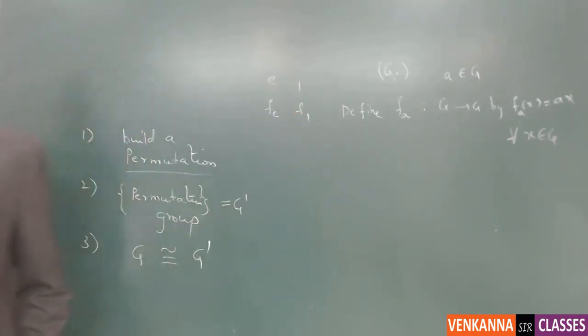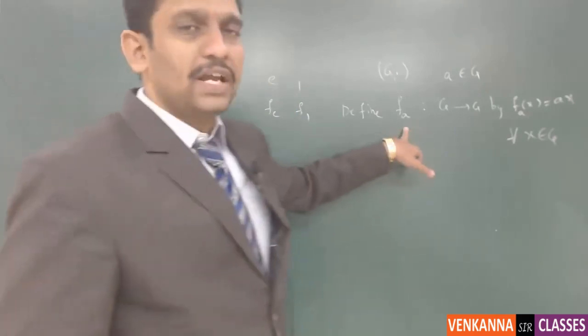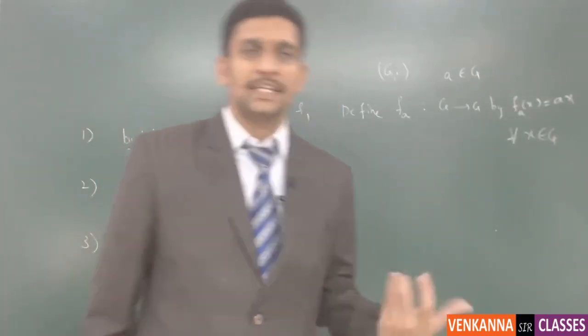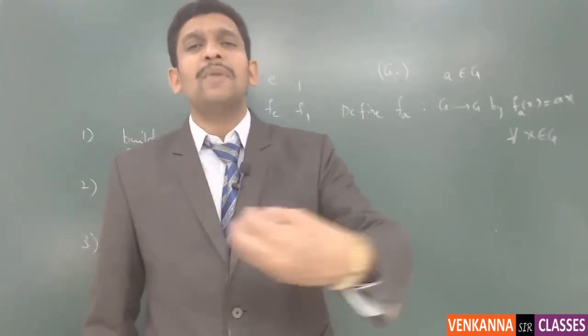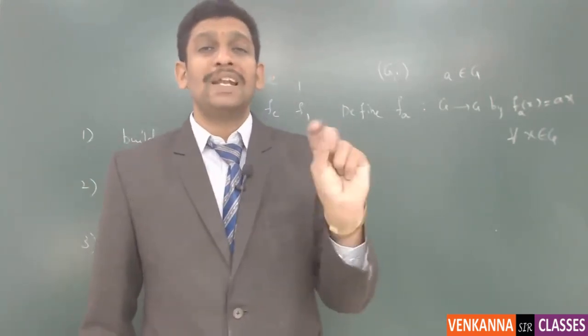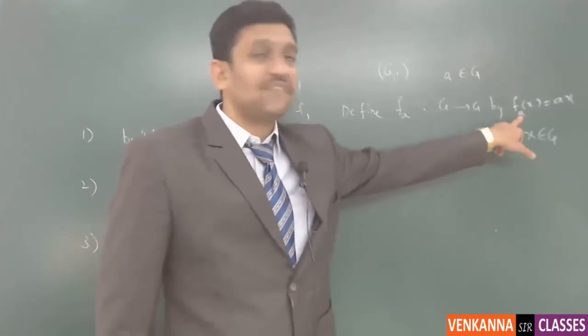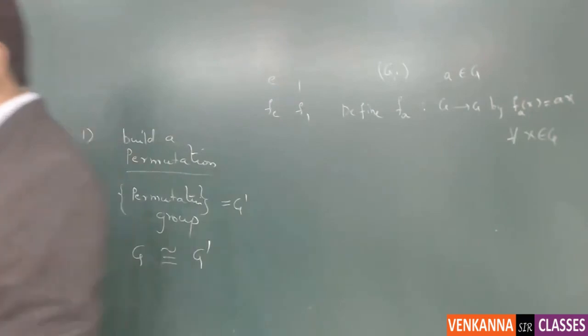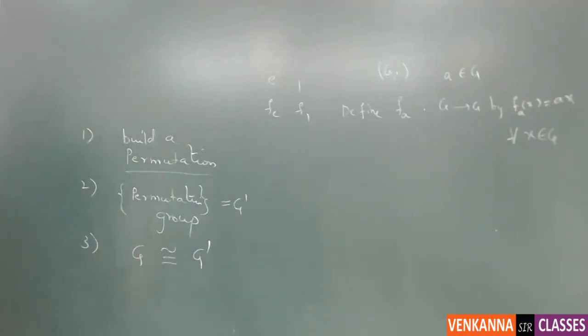And how is it defined? So f_a is defined as f_a of x is equal to ax. It is nothing but you take any element in the group, you multiply the element with the suffix element which you have considered. Okay? Are you clear how the function goes?